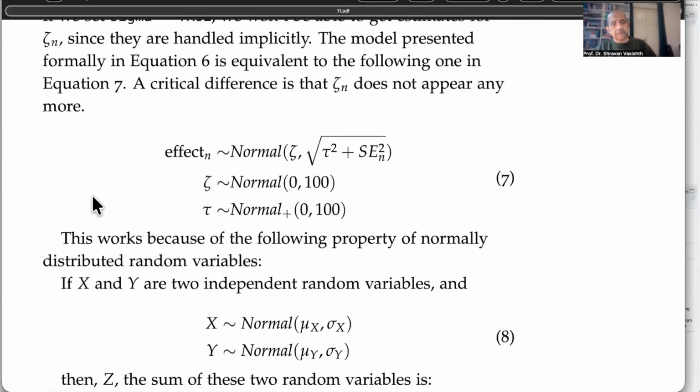If you set sigma equal to true, it eliminates the zeta n's from the picture. So the zeta n's will no longer show up in the model, and the model is now described directly.